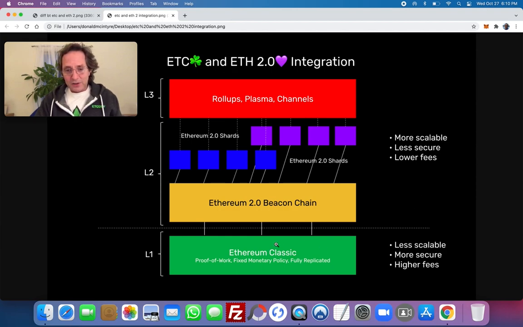In fact, I told them years ago, in 2016, 2017, we were fighting all the time with Vitalik and Vlad Zamfir and other people in Ethereum 2.0, Carl, that they should have done this. They should have kept Ethereum 1.0 here, built the beacon chain on top, then the shards on top of the beacon chain, and then whatever plasma, at the time, only in this third layer to provide even more.